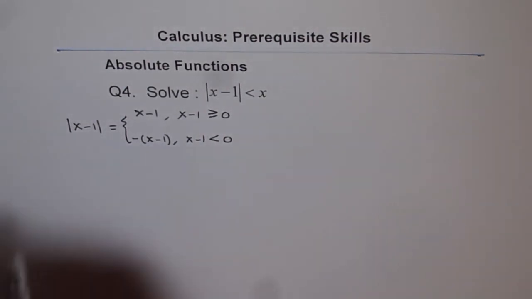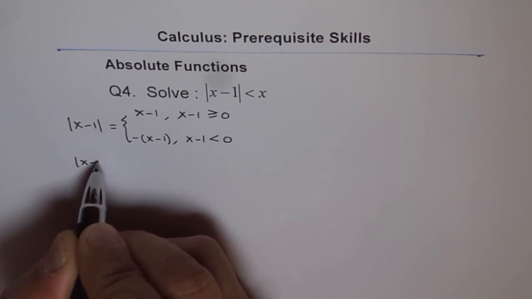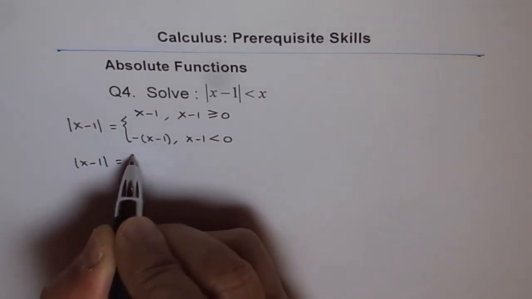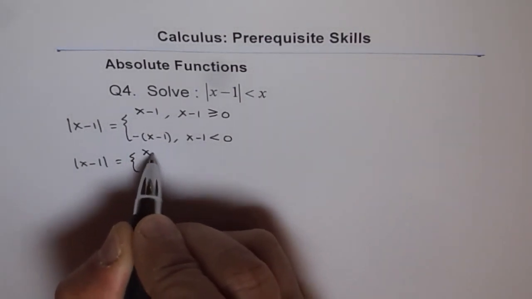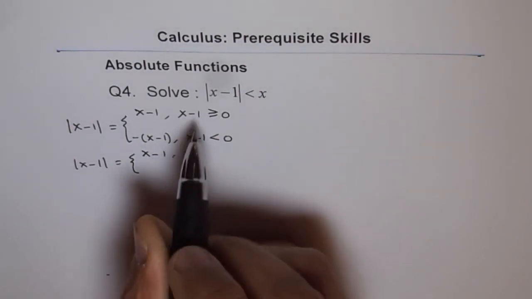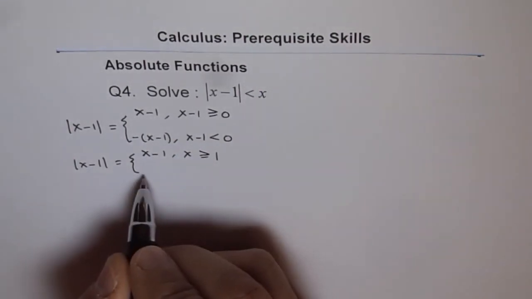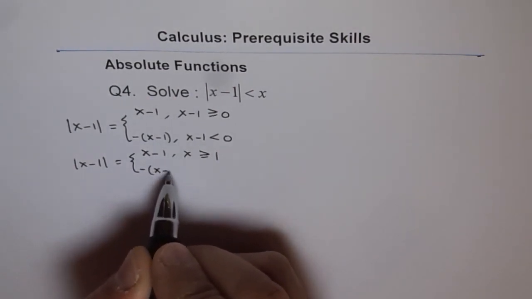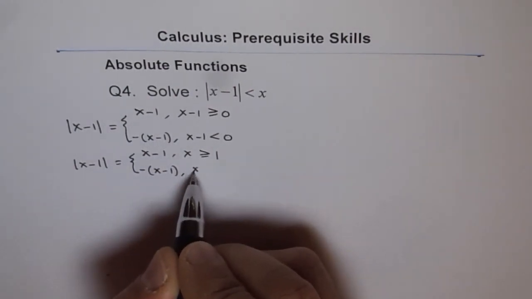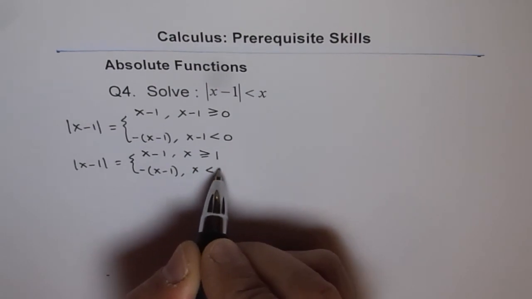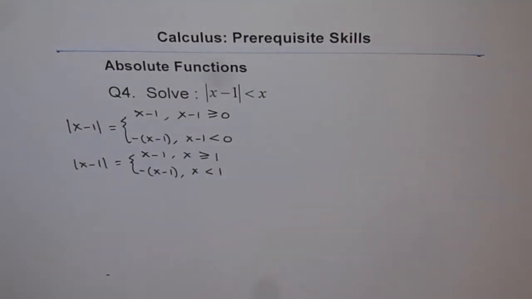We could write this as |x - 1| equals x - 1 if x is greater than or equal to 1, taking 1 on the other side, and -(x - 1) if x is less than 1. That is how we define the absolute function.